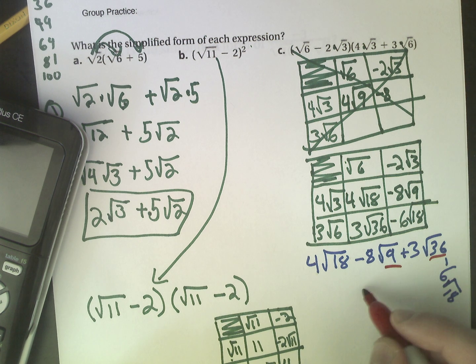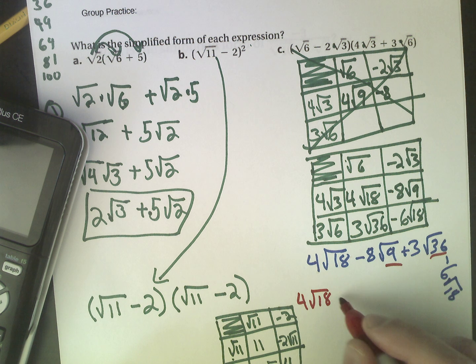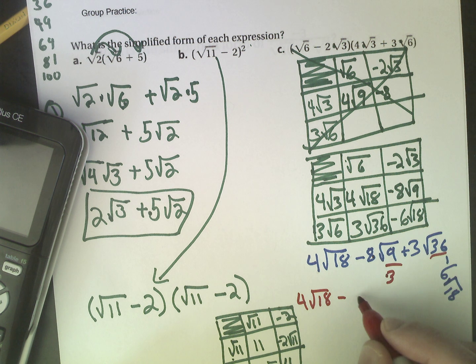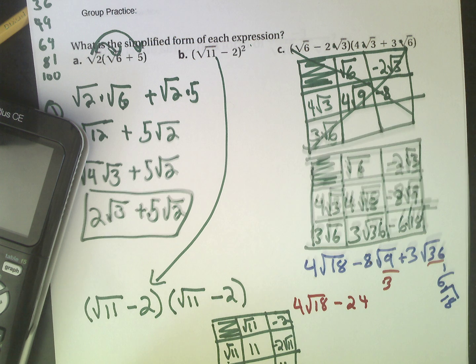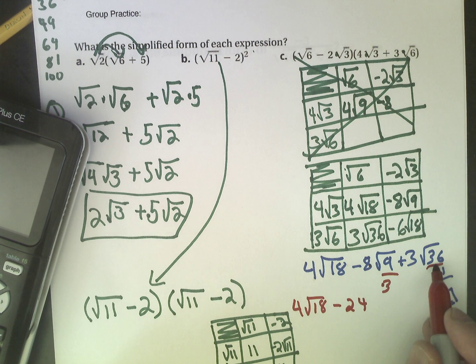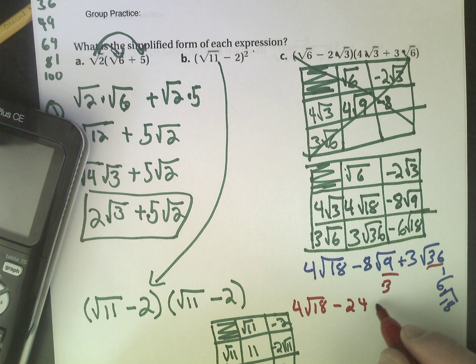So square root of 9. Try to make myself another room here. So it's 4 square root of 18 minus. Square root of 9 is 3. So 8 times 3 is 24. Now square root of 36 is 6. 3 times 6 is 18.